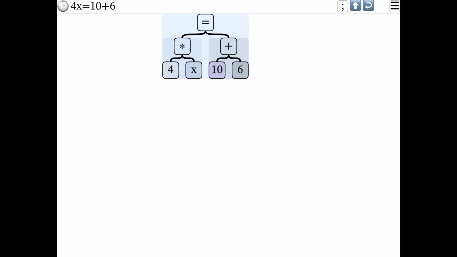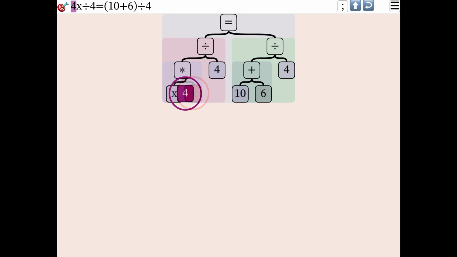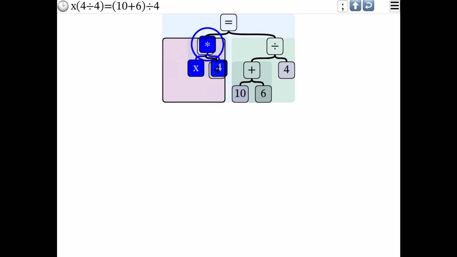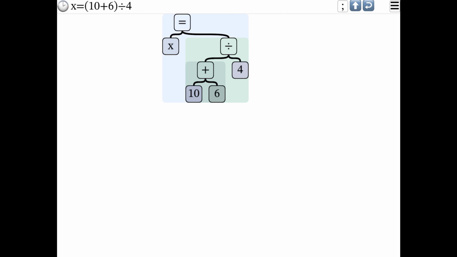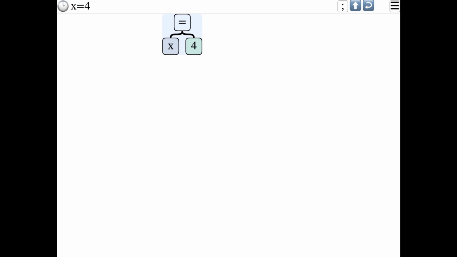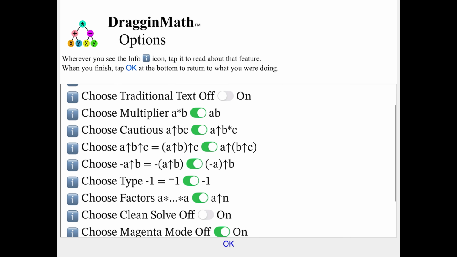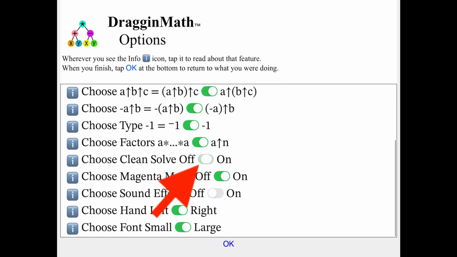Once you really understand that it works and how it works, all that commuting and associating and canceling becomes tiresome. You already know it will work, and you already know the shape of the outcome. So go back to the options and turn Clean Solve on.